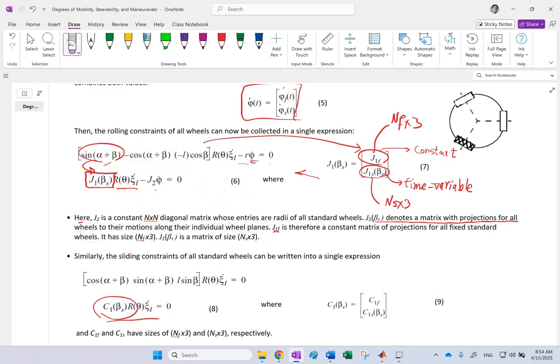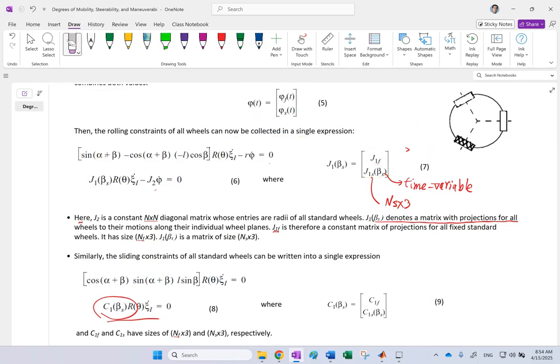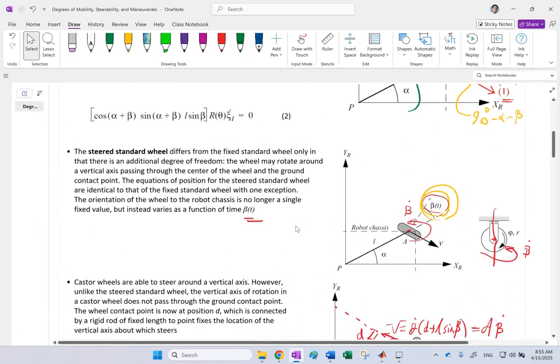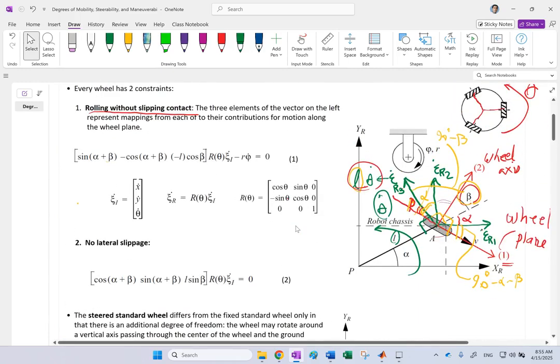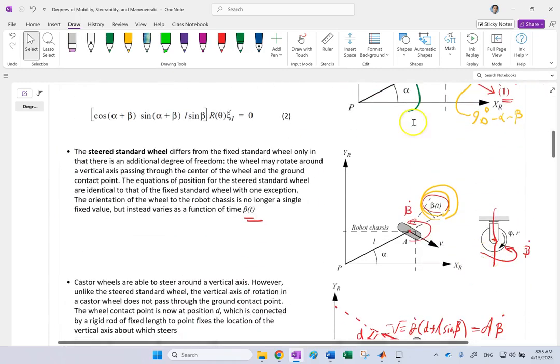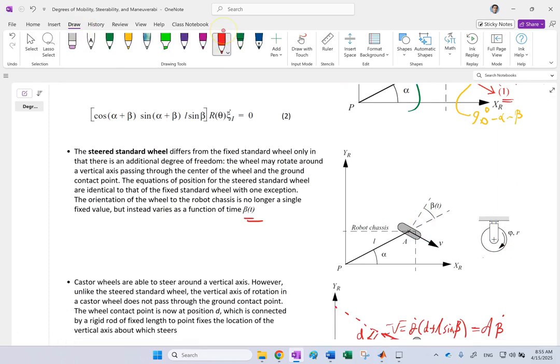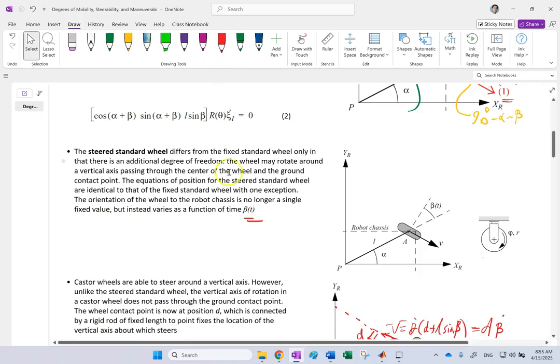The answer is no. Why not? Because although rolling without slipping is a constraint, that does not take away a degree of freedom. Let's go back and look here. If you look at this original shape, when you say rolling without slipping, yes, you're limiting some entities together.